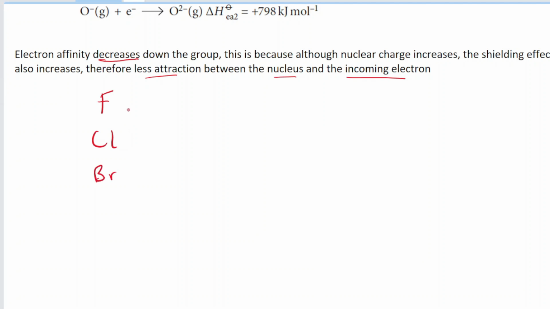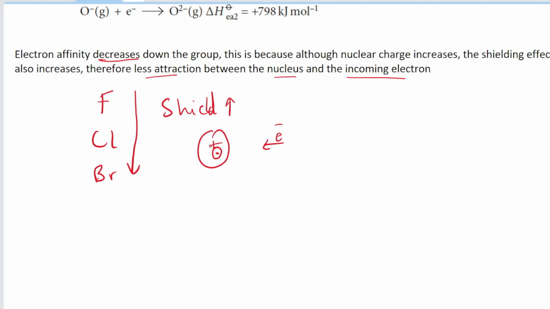bromine. As you're going down the group, the number of shells is increasing. So chlorine has more shells than fluorine, and bromine has more shells than chlorine. You can see that the shielding effect is much more as you go down the group. If the shielding effect increases, consider the nucleus in the middle, so let's take this as fluorine. The nucleus is positive, and it's trying to attract this electron over here.